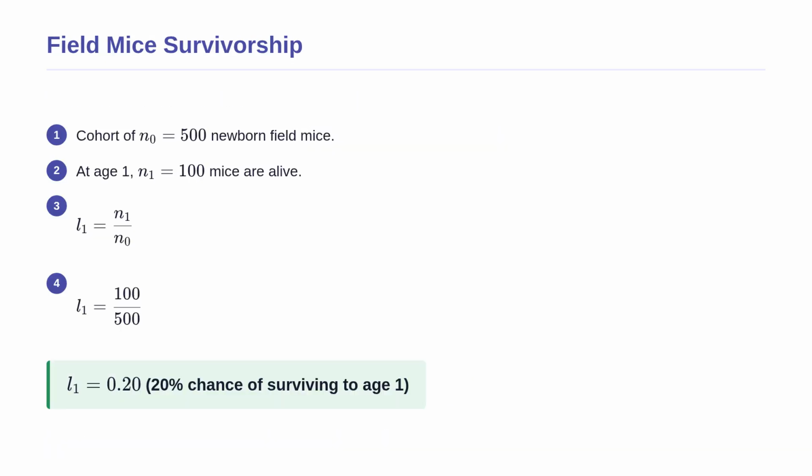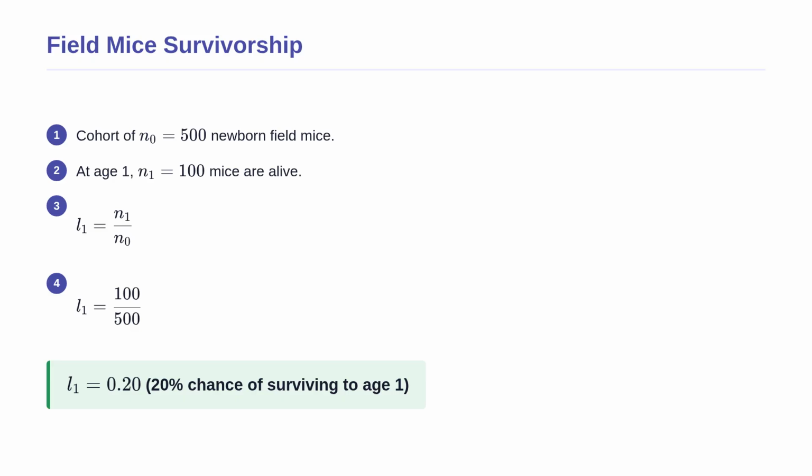Before we move on, let us see this with a concrete example. Imagine a researcher tracking a cohort of 500 newborn field mice. This is our n0. By their first birthday, at age 1, only 100 mice are still alive. This is our n1. We want to find the survivorship to age 1, or l1.